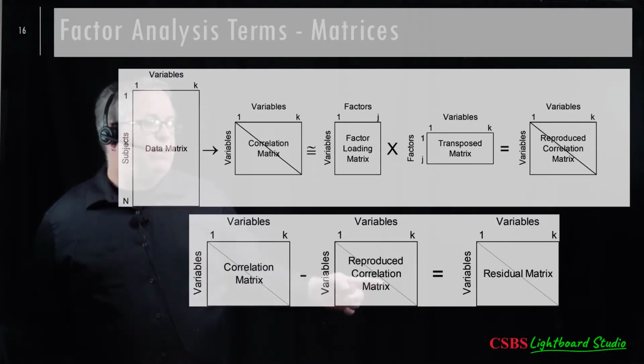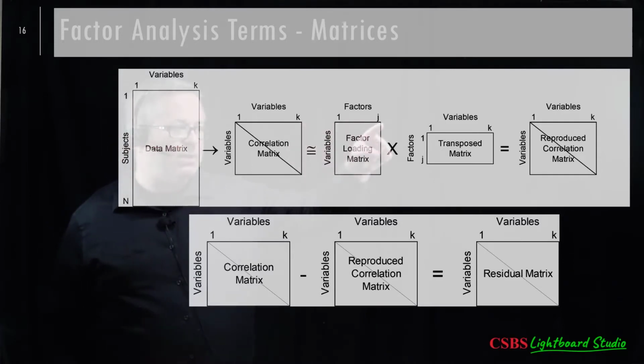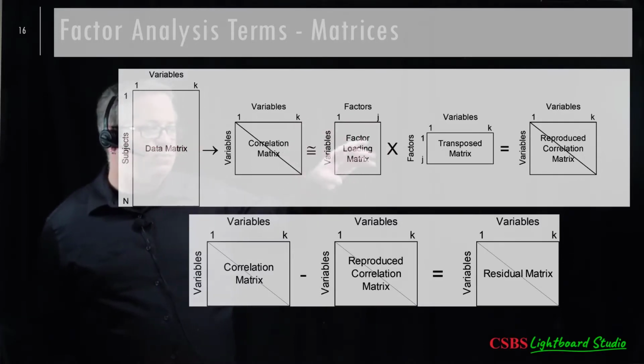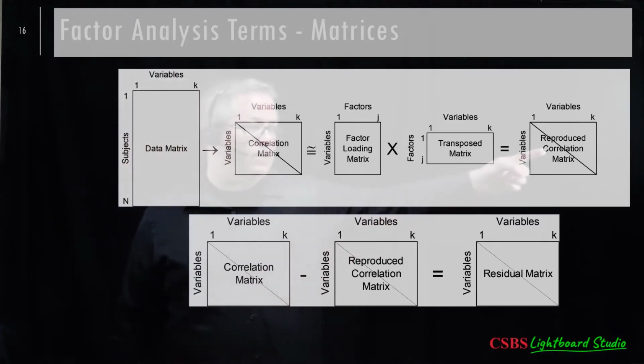The easiest way to make sure that your reproduced matrix is identical to the original correlation matrix is to set j equal to k, meaning that I'm going to extract the same number of factors as I have items. If I do that, it's just reconfiguring the data into the same number of factors. That's completely boring. It's like I'm explaining k things with an equal number of things. We haven't reduced anything, but that will perfectly reproduce the matrix.